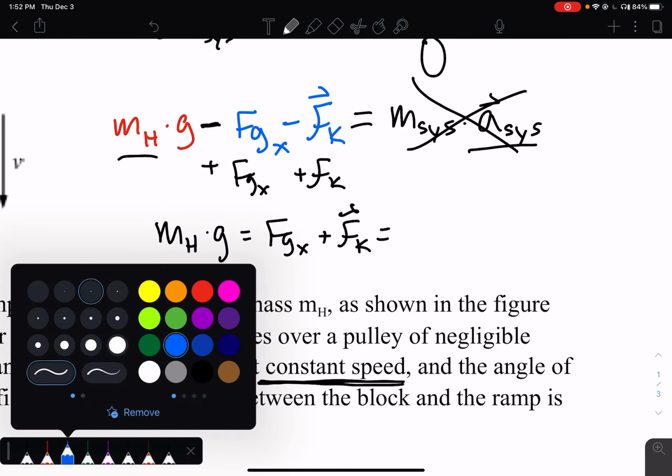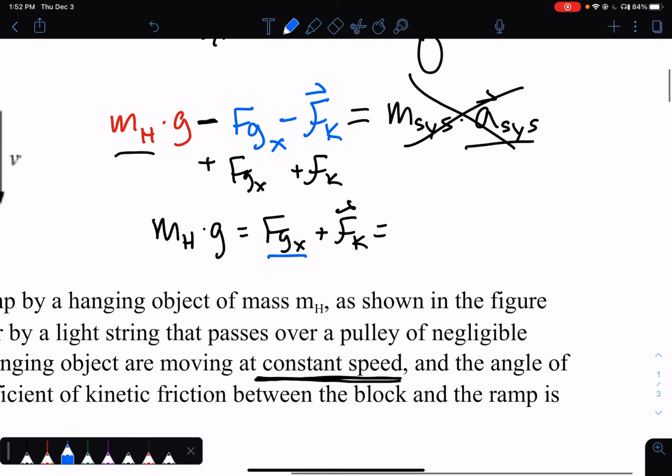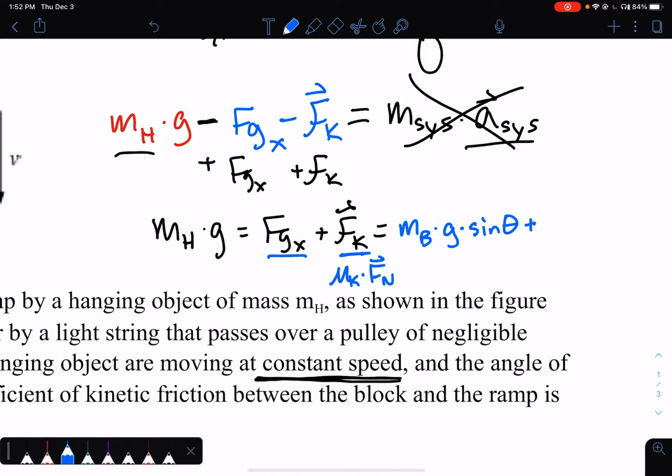F_gx is going to be m_B g, the weight of that block, times sine of theta, plus the kinetic friction, which would be mu_k times F_N of block B, and F_N is going to be equal to F_gy, that y component. So this would be plus mu_k times F_gy, which is m_B g cosine of theta.